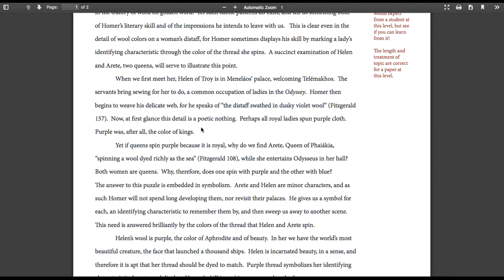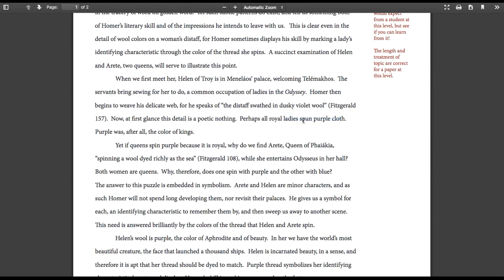"Now, at first glance, this detail is a poetic nothing. Perhaps all royal ladies spun purple cloth. Purple was, after all, the color of kings." So here, this is a paraphrase, we understand that the author is explaining that Homer is saying that Helen is spinning purple cloth.